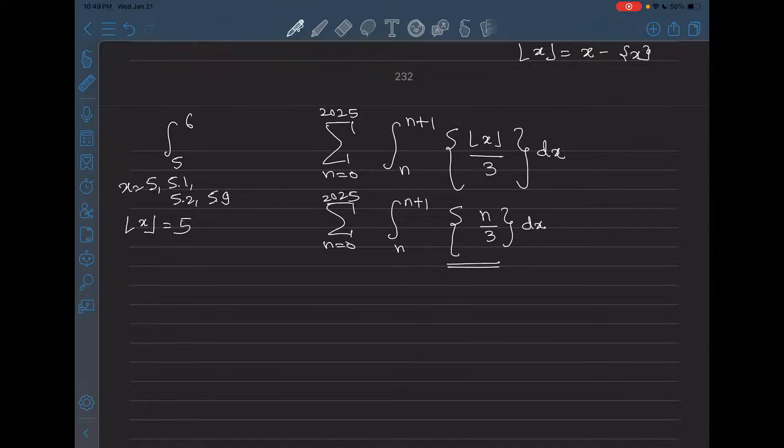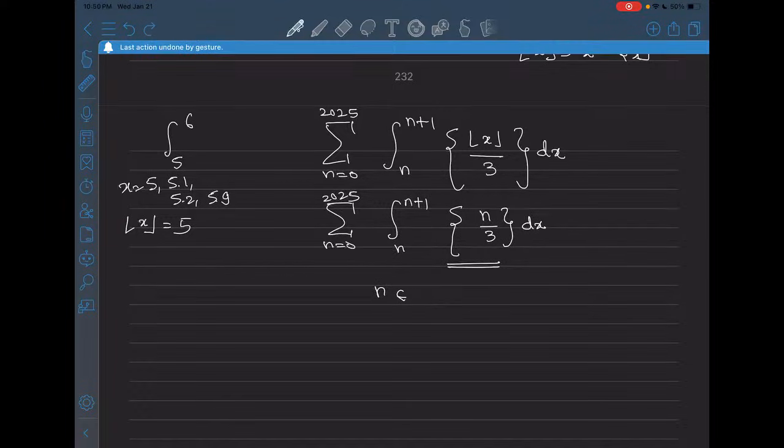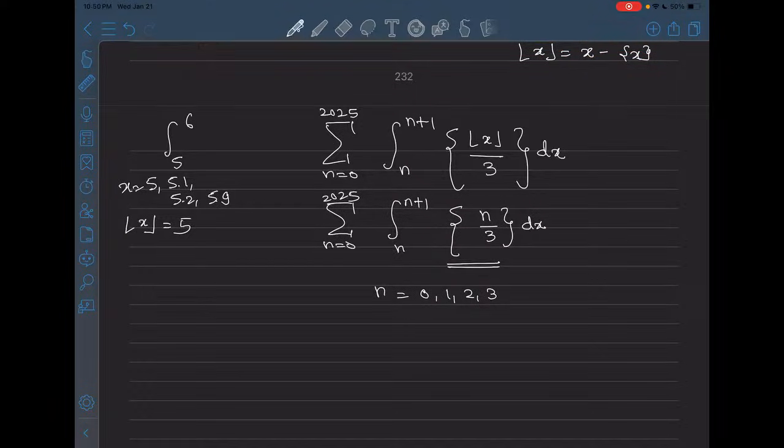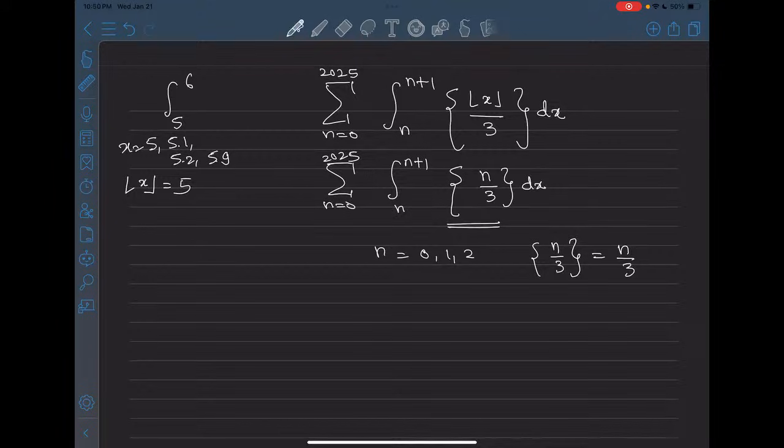So we have this n over 3. Whenever n is, let's say, 0, 1, or 2, the fractional part of n over 3 will just be n over 3 itself, because this thing is still less than 1.